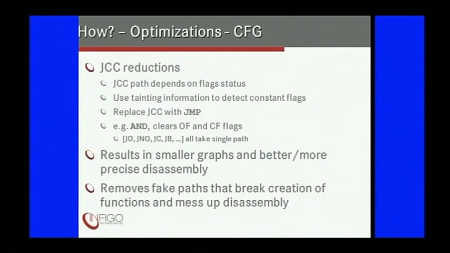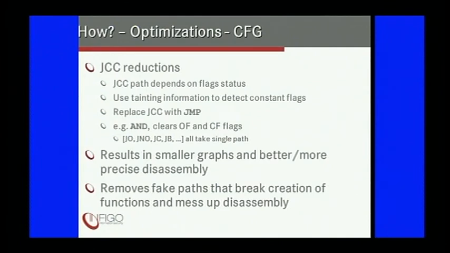For example, AND always clears the overflow and carry flags. So all the conditional jumps like jump overflow, jump not overflow, jump carry, and so on, always take a single path. So you can prune the other one and just substitute the conditional jump with a regular jump.